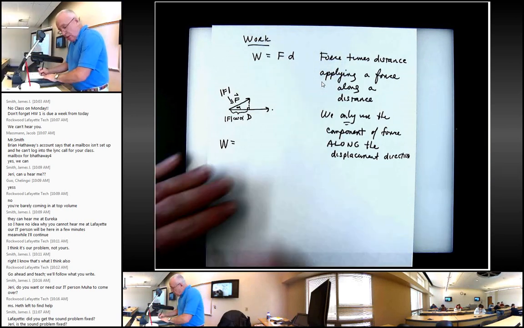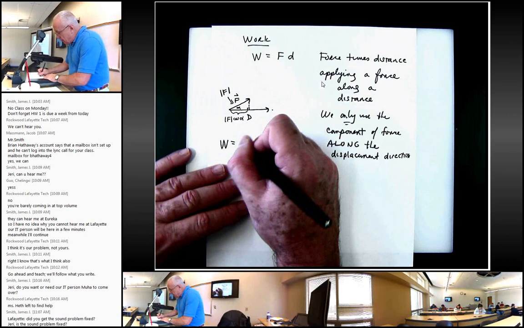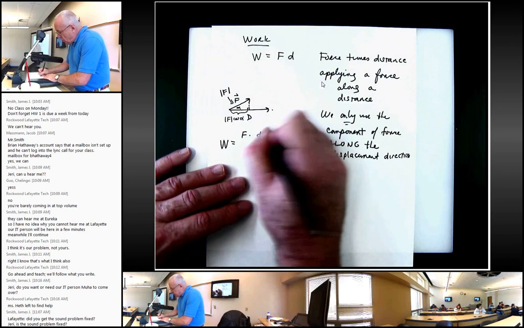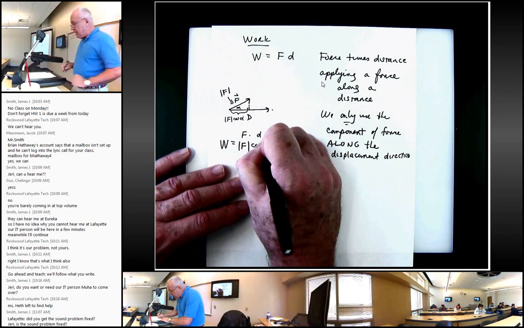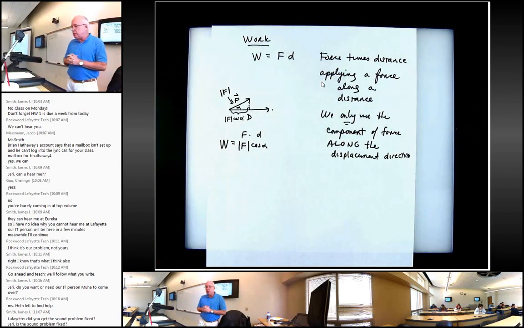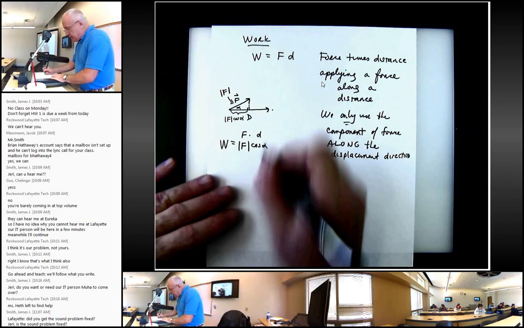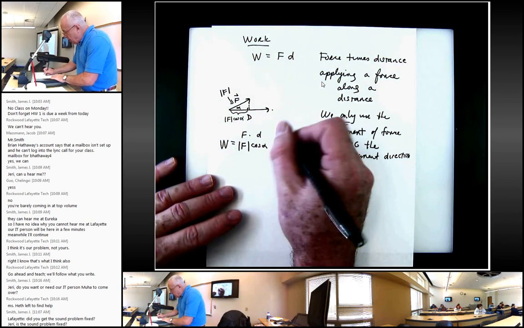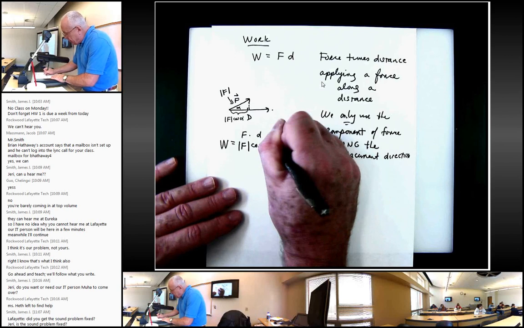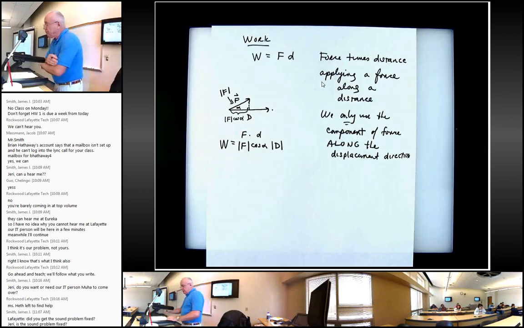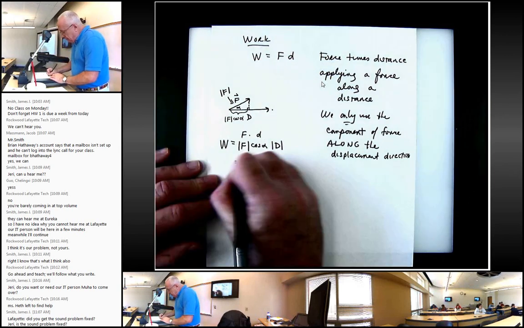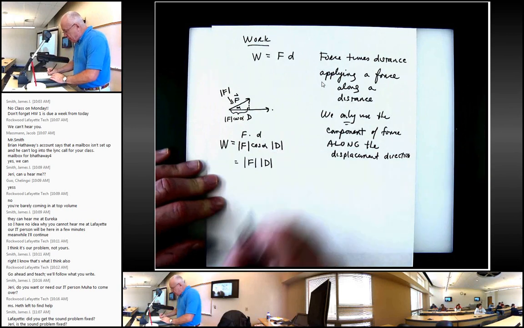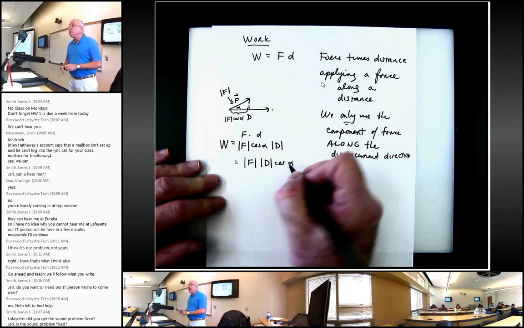So here we have work is force times the distance. The force here is the magnitude of our force times the cosine of the angle between the force and the displacement. And our distance is just the length of the d vector, however long that vector is, that's the distance we're moving the force along. So what do we have? The magnitude of the force vector times the magnitude of the d vector times the cosine of the angle between them.